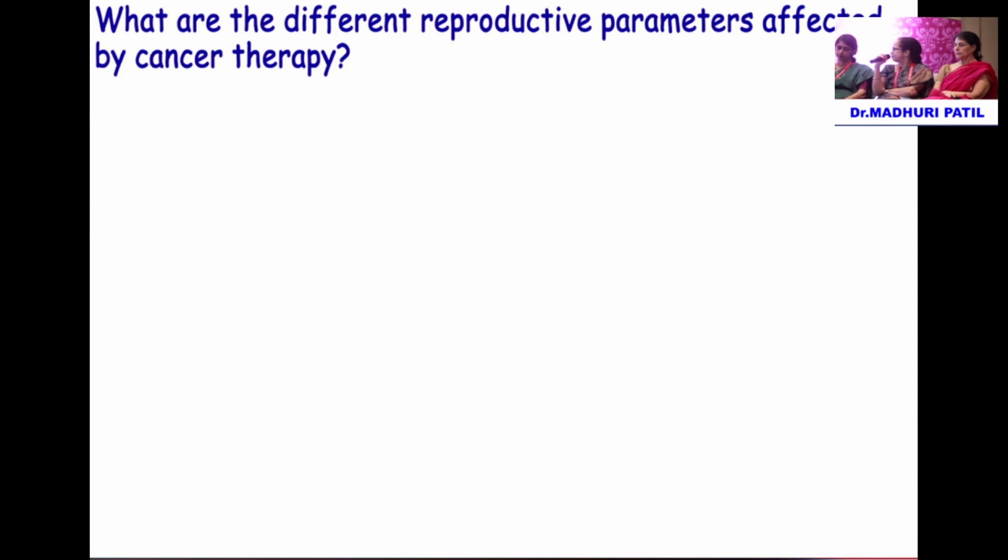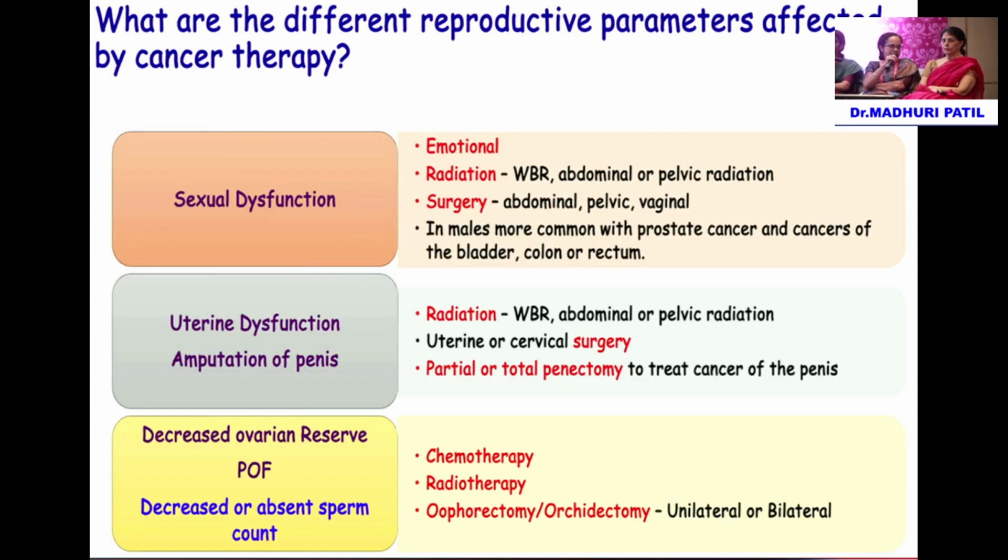So we do refer them to the infertility specialists, not just the patients who have not conceived, but young patients who are coming for cancer treatment. We do send them for assessment of their reproductive factors, and probably you as a reproductive specialist would be better.